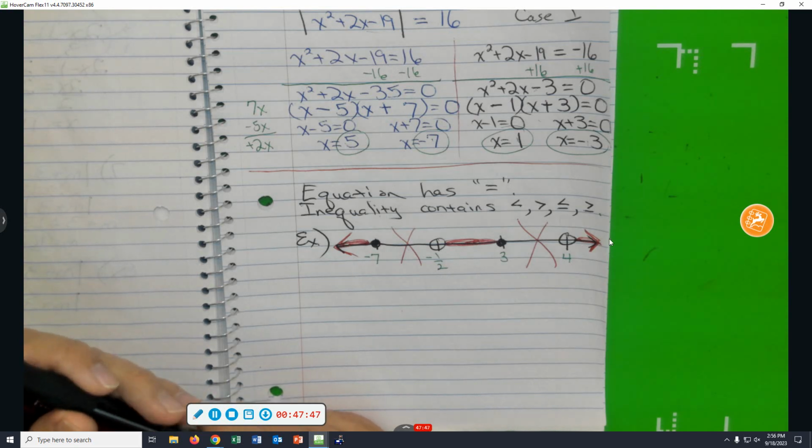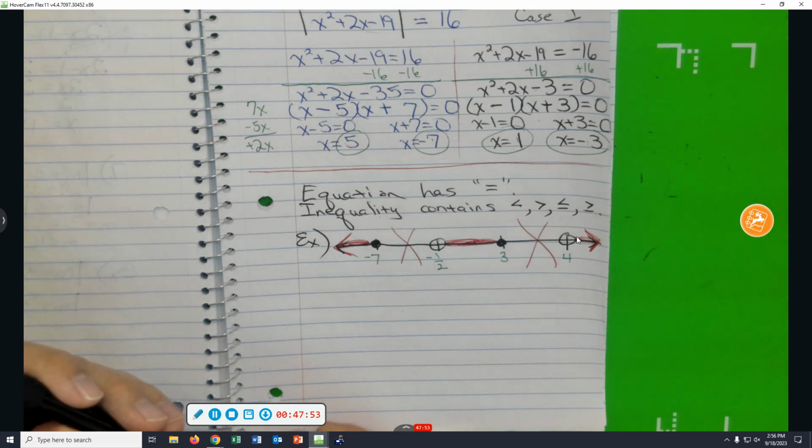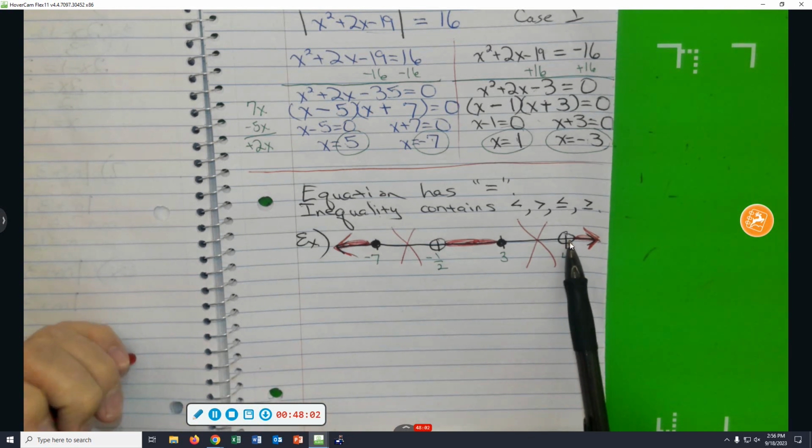And then finally, this final region over here, everything that's shaded are numbers to the right of 4, not including 4. Open circle means not including.